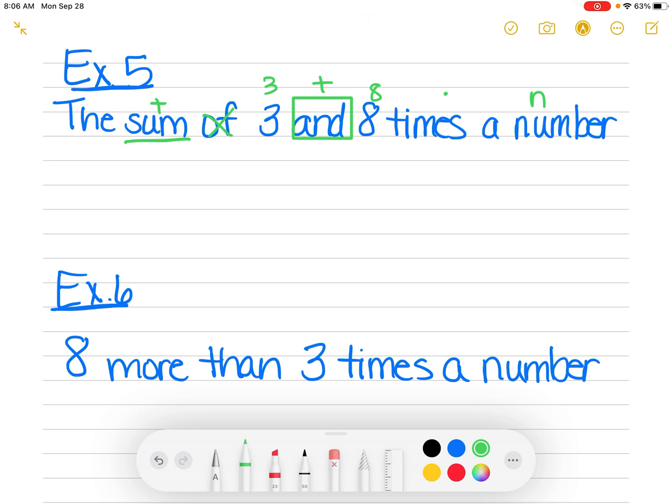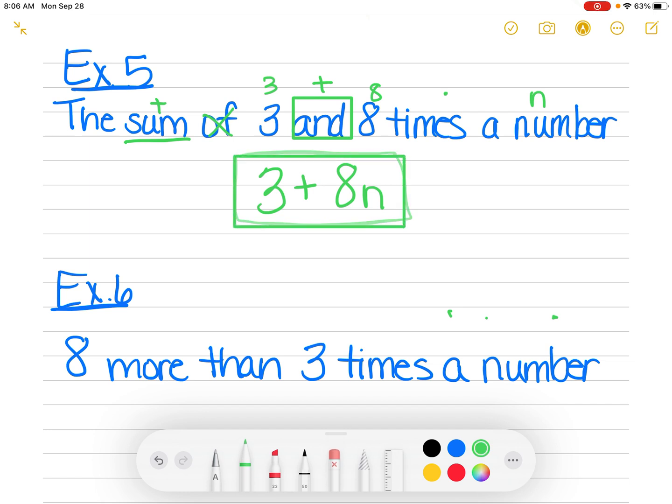So when I write that down here, I'm going to put 3 plus 8 times n. Now, normally, if this was saying something like 8 minus a number, I would want to put this in parentheses. I don't need to do that here because I'm going to do the times first anyway because of order of operations. So there's my answer.